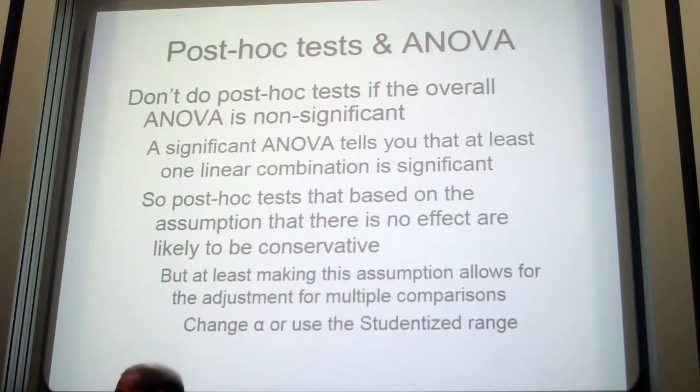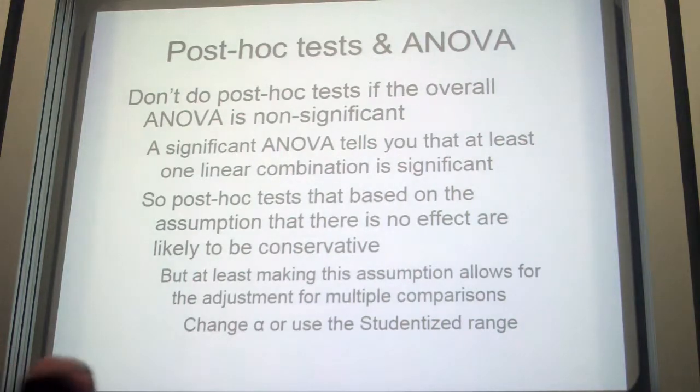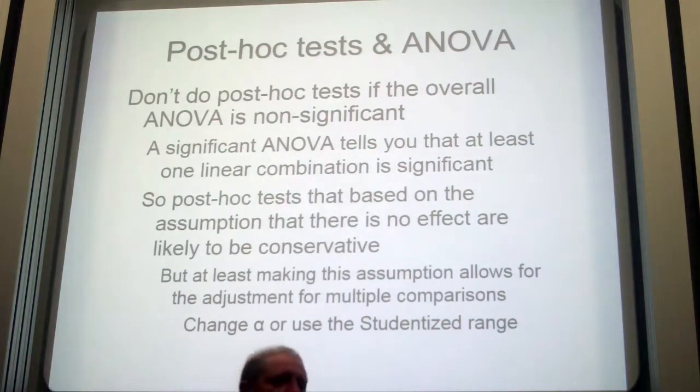Okay, so we've got these 2 things, just to say it's always better to only do post-hoc tests if the ANOVA is significant. Don't do them if the ANOVA is non-significant. The ANOVA tells you that something somewhere is different if it's significant. So post-hoc tests that are based on the assumption that there's no effect, and that's what we've just been looking at, are going to be slightly conservative.